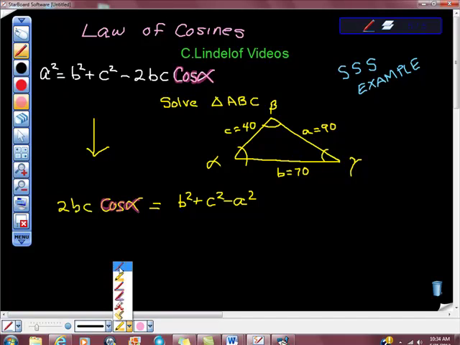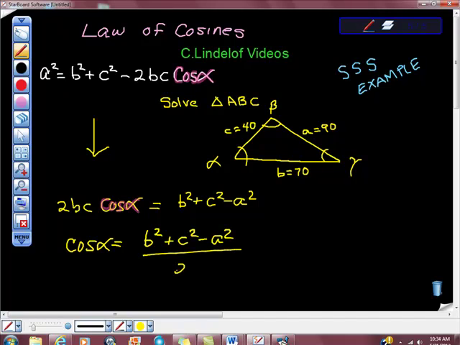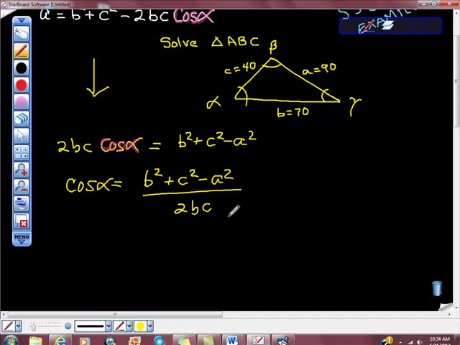So I'm going to divide both sides by 2bc. That would give us cosine alpha is equal to b squared plus c squared minus a squared all over 2bc. If I divide this side by 2bc, this goes away, and it ends up over here. So hopefully that's good algebra for you.